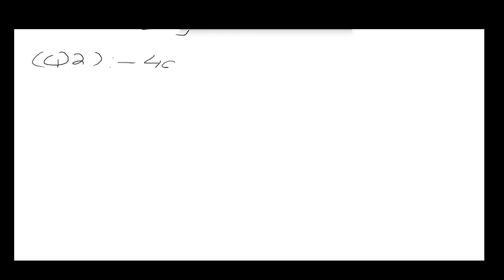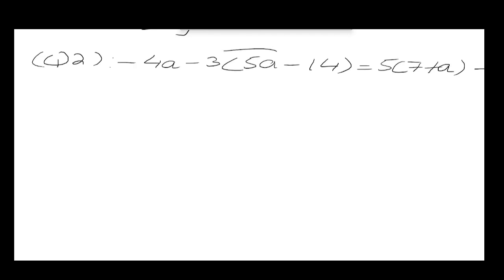We have 4a minus 3 bracket 5a minus 14, which is equal to 5 bracket 7 plus a subtracted from 9. So first negative 3 will be multiplied with the first term and then it will be multiplied with the second term.